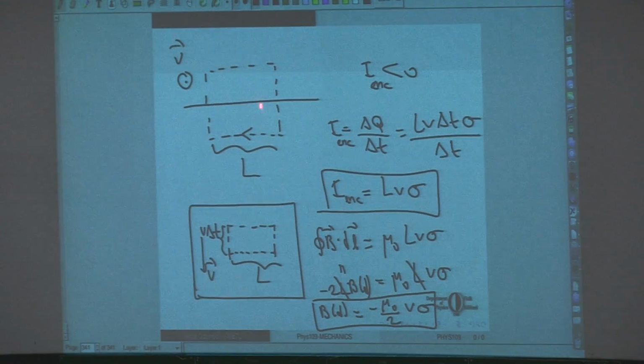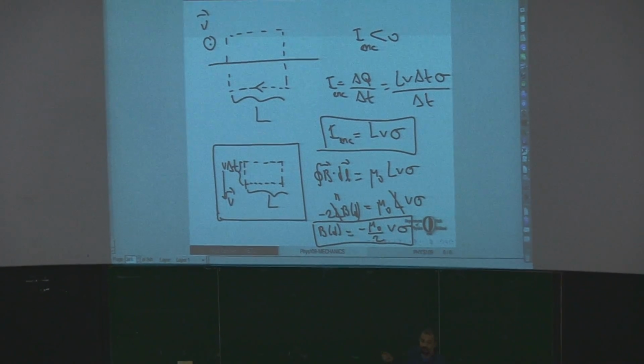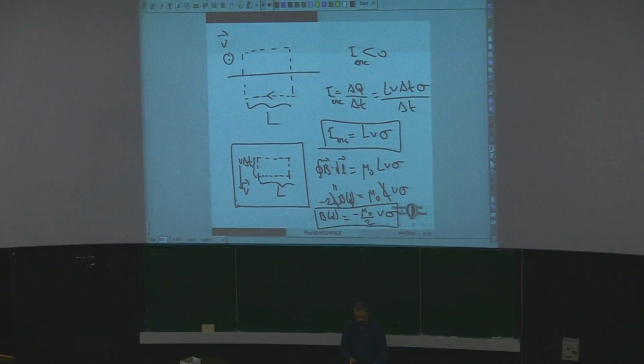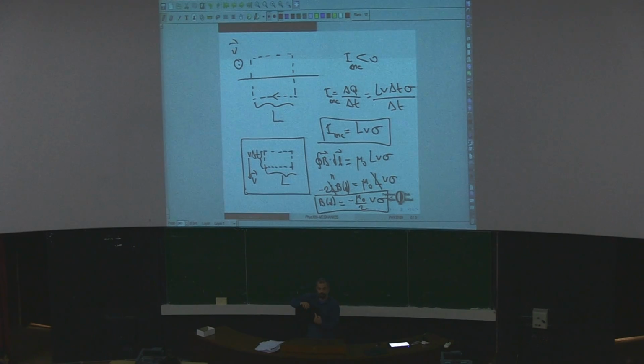You see, this is not my loop. Don't confuse this rectangle with my loop. Here what I am saying is I'm just following, okay, this is my infinite plane. I'm just assuming a rectangle like this. And it is moving downwards. So all the current that passes this line passes through my loop. In a time delta T, this plane will move a distance V times delta T. So it will start from here.